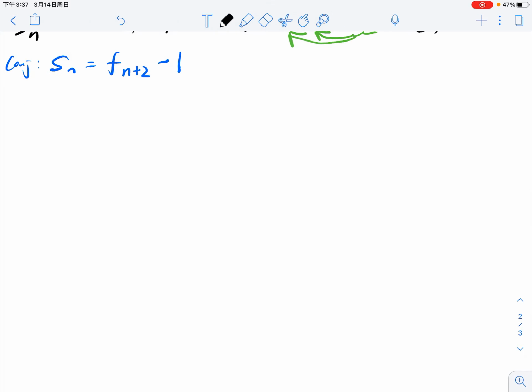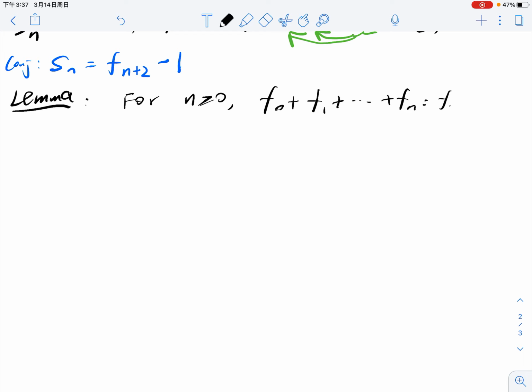And immediately we can prove this. So it's our lemma. For n at least 0, the summation of Fm from 1 to n is F(n+2) minus 1.